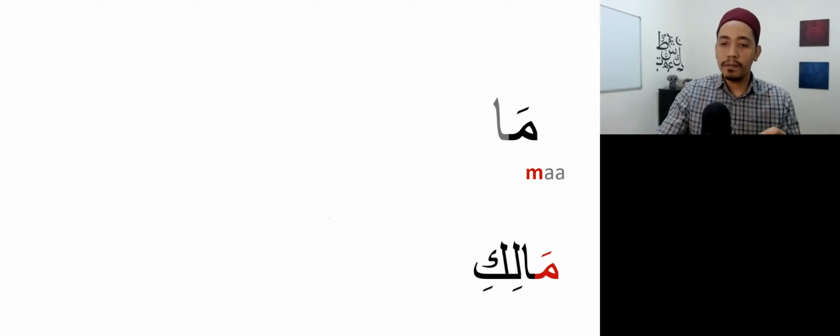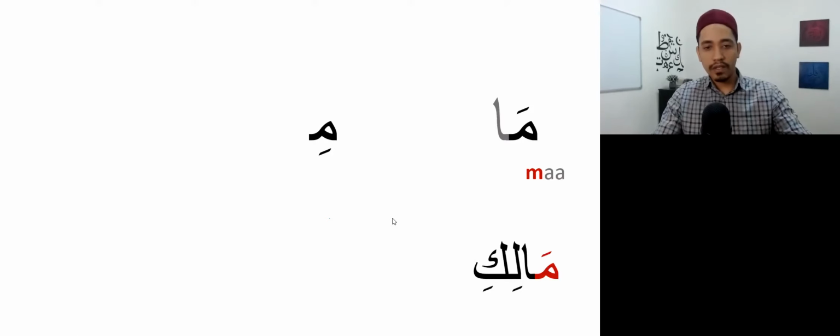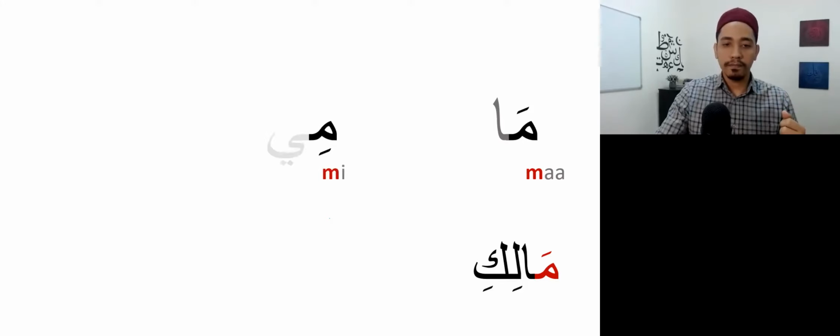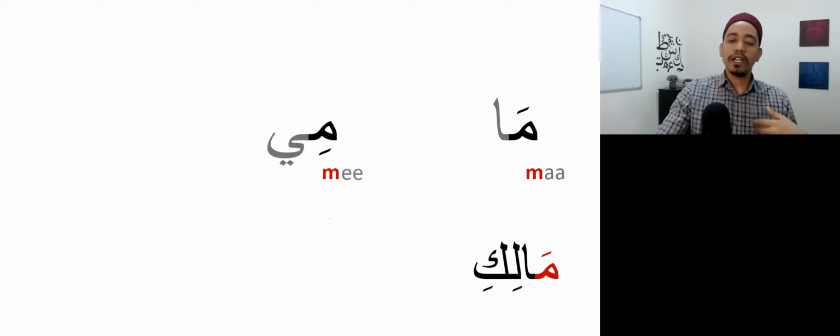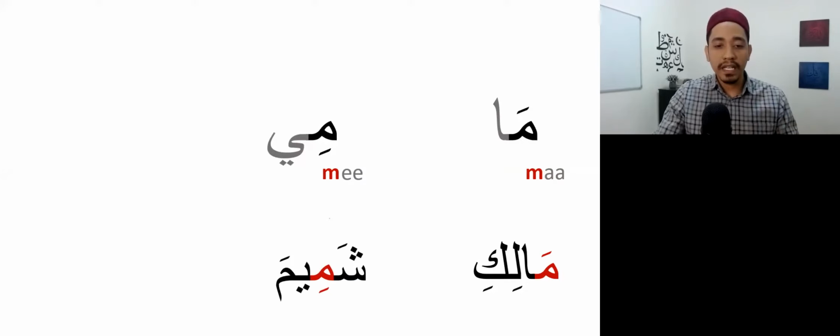For example, maliki. If we have a meem with a kasra, mi, and we want to extend the sound to mee, we add a ya mad. For example, shamima.